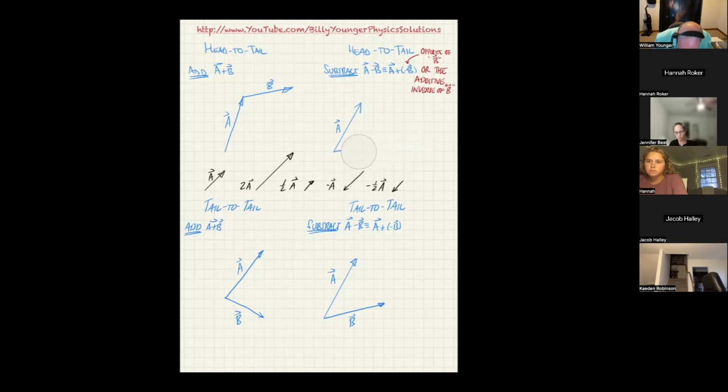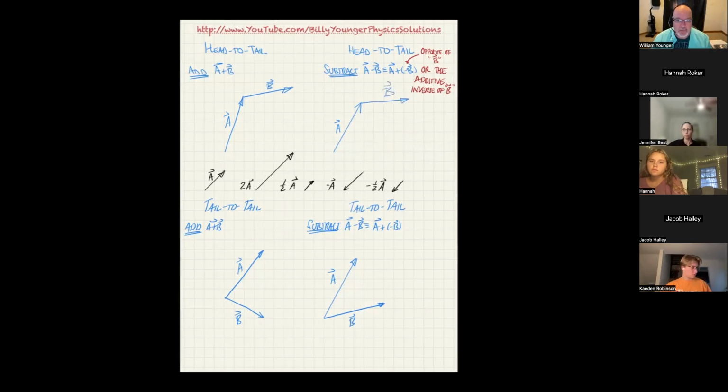I just realized I drew the top right incorrectly by some mistake, so I'll fix that. I bumped my arm with my other arm and it made me erase too much, so I had to fix it. So these are supposed to be head to tail. That means my B vector should be like that. Now I've got them set up correctly.